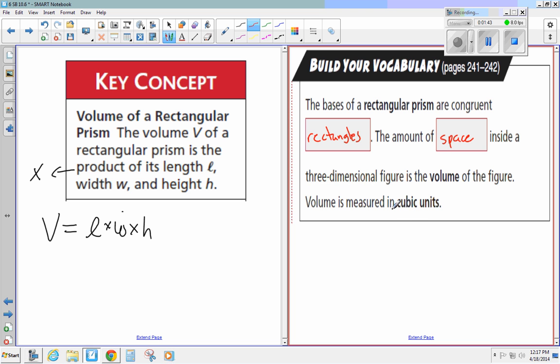And volume is measured in cubic units. That means cubic inches, cubic centimeters, cubic meters, cubic feet. It means there's an exponent that is a 3.